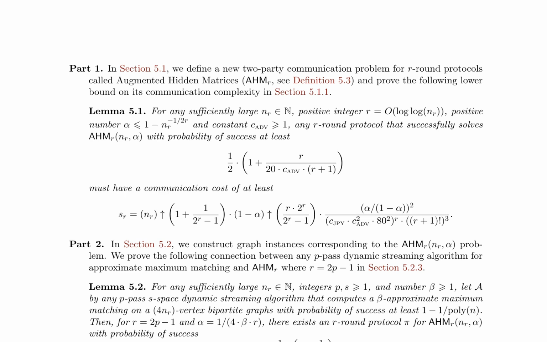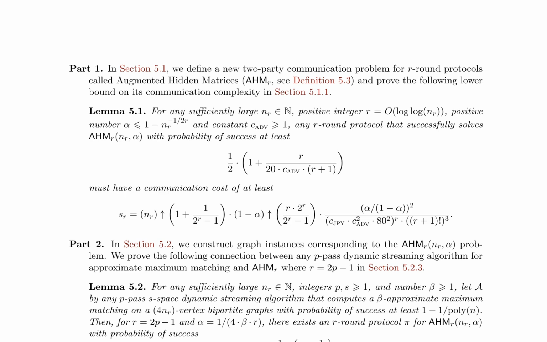This lower bound is expressed as a complex function involving various parameters, including the number of rounds, input size, and alpha. The authors then construct graph instances corresponding to the AHM_R problem and establish a connection between any r-pass dynamic streaming algorithm for approximate maximum matching and AHM_R.